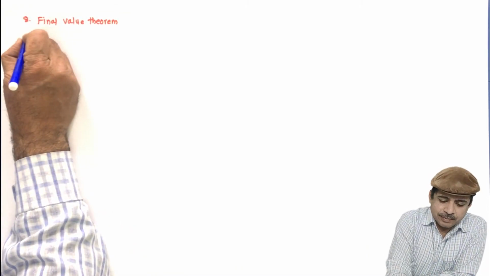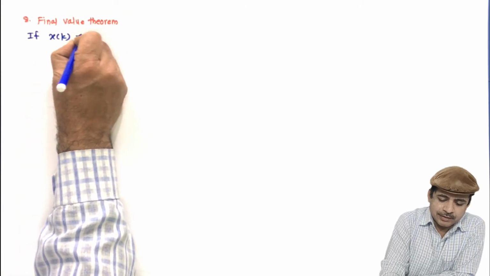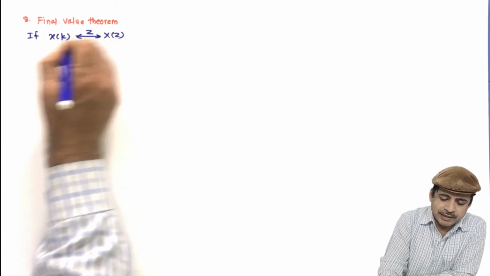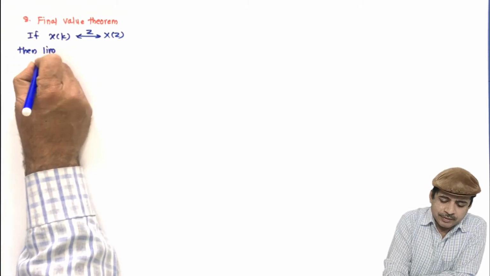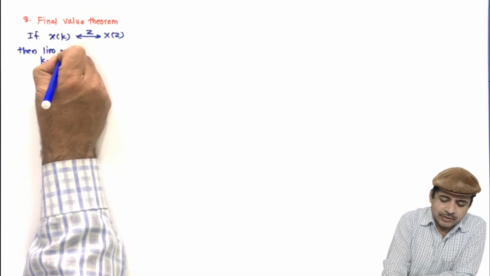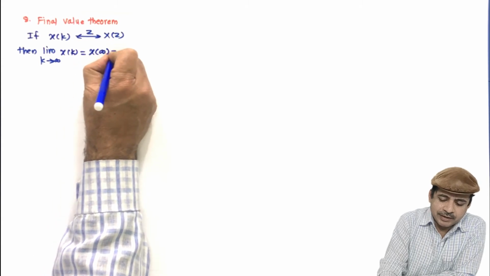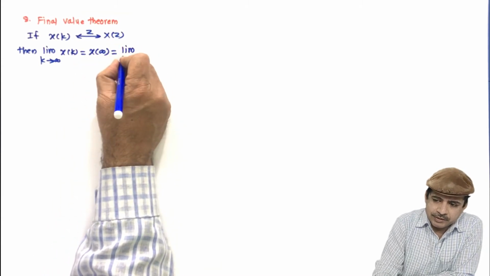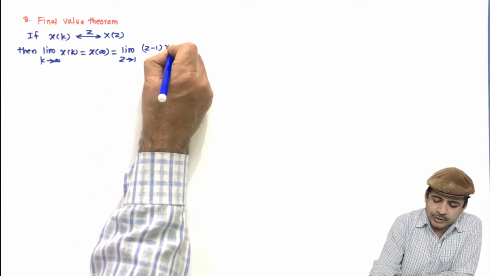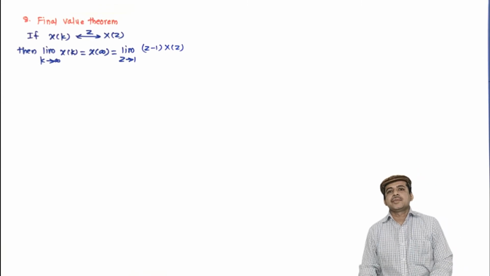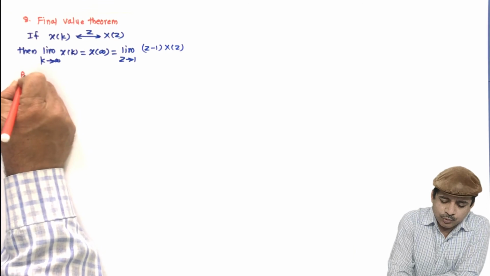Now what it says, if you have x of k with z transform x of z, then limit k tends to infinity x of k, that will be equal to x of infinity, and it is equal to limit z tends to 1 of z minus 1 into x of z. So let us prove it. The proof is a little bit tricky.